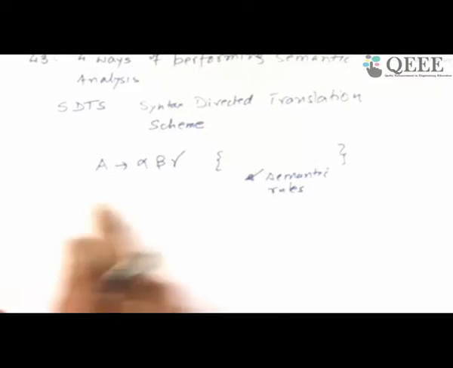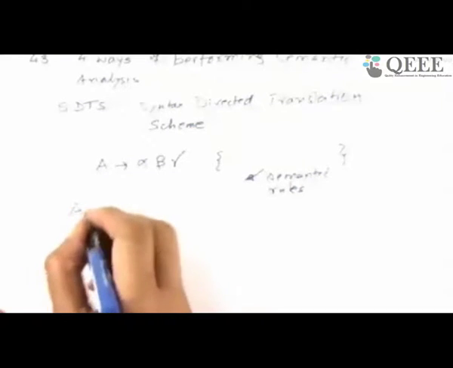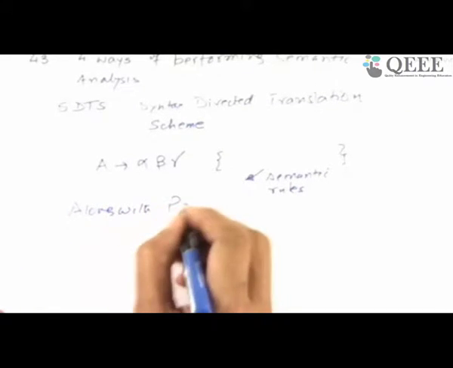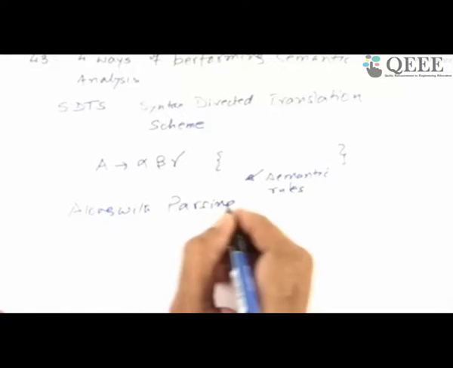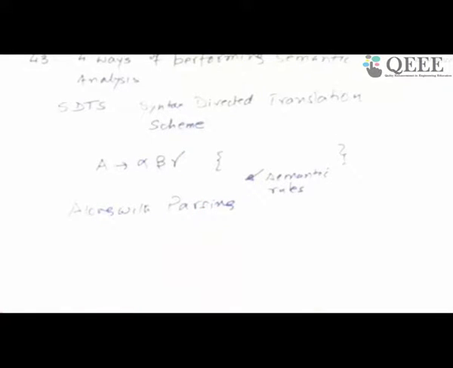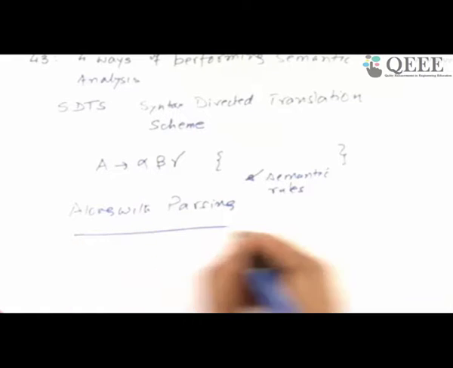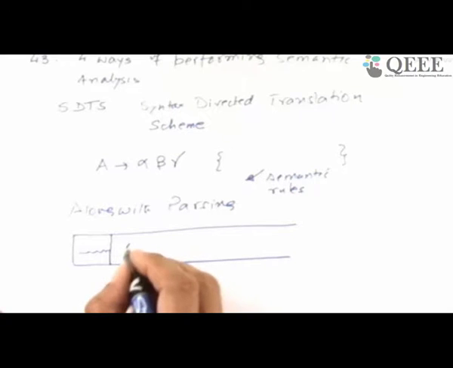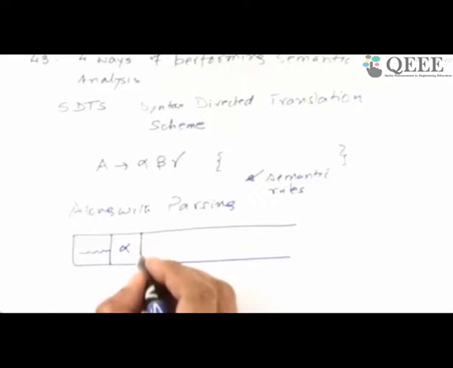Remember that this is all going along with parsing. So what does it mean? Parsing, I assume all of you understand very well. So there is a parser stack, on which there may be something else, but I'll ignore this part. I don't care what these are. After that, we have seen alpha.